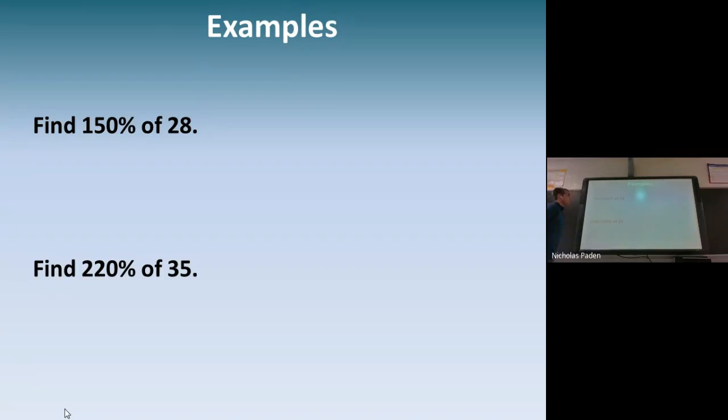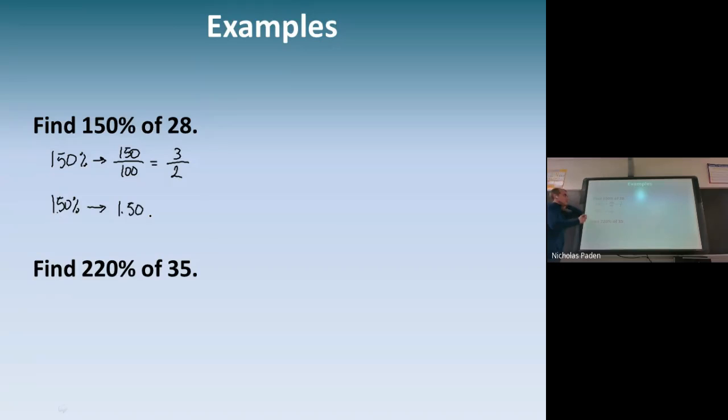All right. So if you made 150% into a fraction, you would change that to 150 over 100. If I divide both of those by 50, I get 3 over 2. Or you could write 150% as a decimal. You move the decimal point over 2 times to the left, and that would be 1.50 or just 1.5.